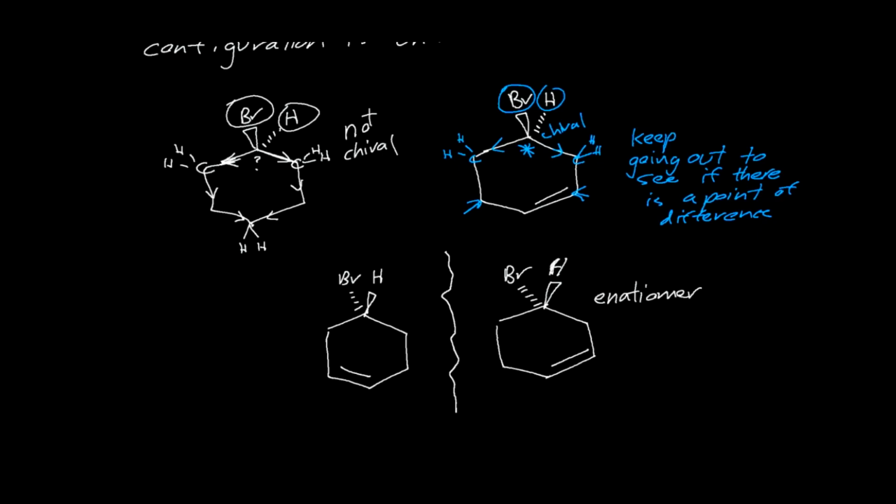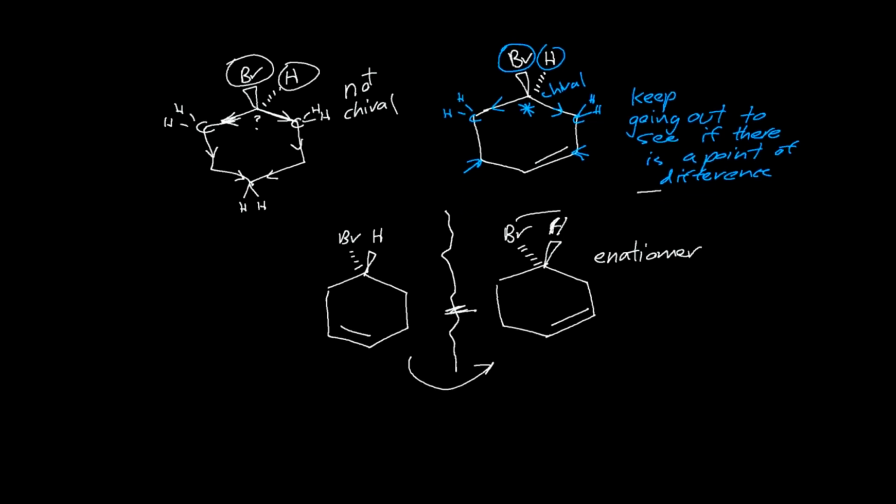And notice you cannot superimpose these, because if you try to flip this over, the double bond will overlap, but now the bromine and hydrogen will switch places. So I kind of like this visual way of doing it, or just in a simple case like this, switching any 2 works. Just never forget that you have to keep going out, and it doesn't matter how far out you go.